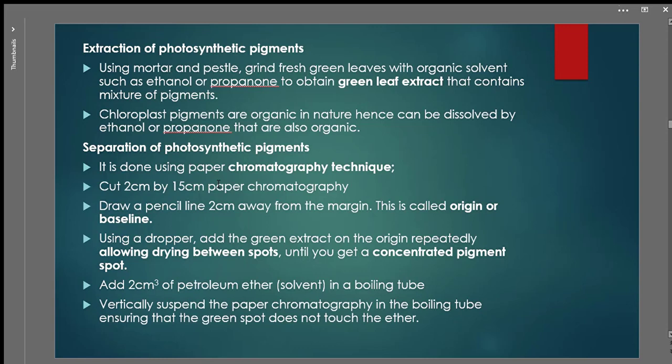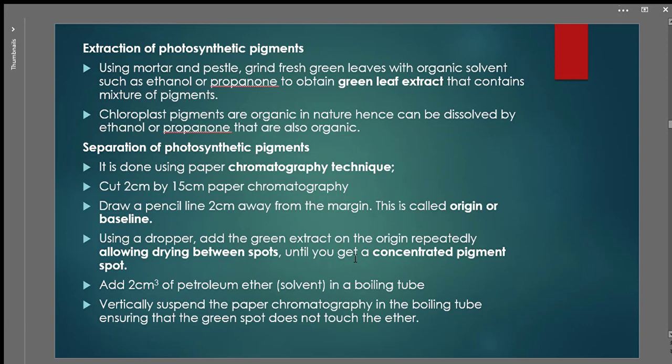So that's why we are saying at this point that using a dropper, you add the green extract on the origin repeatedly, allowing drying between the spots until you get a concentrated pigment spot. You add the spot, you allow it to dry, you add again, you allow it to dry, the same spot, till you get a concentrated pigment spot.